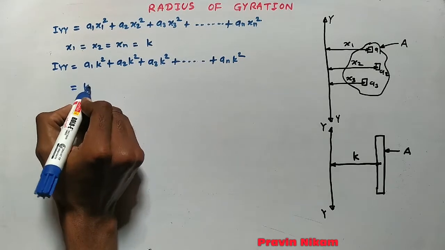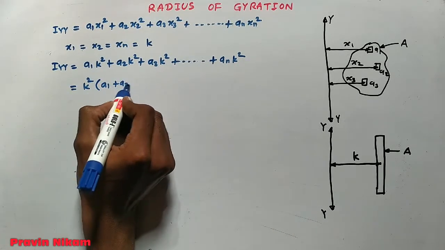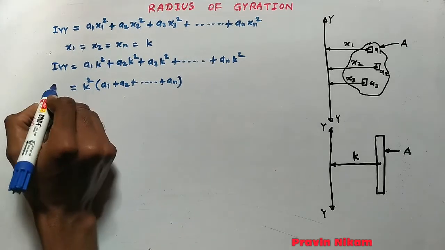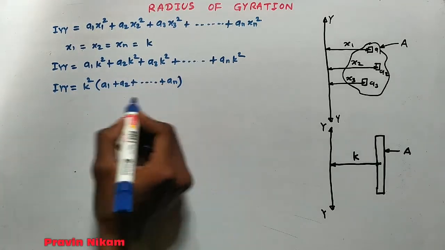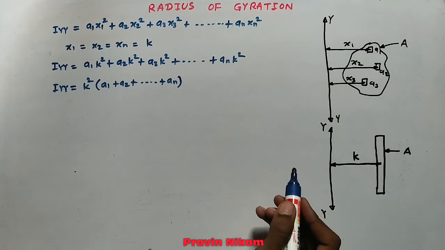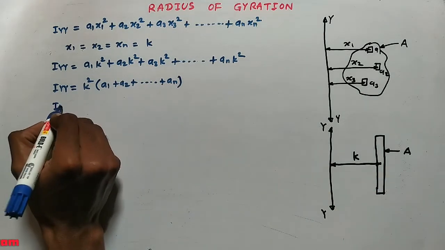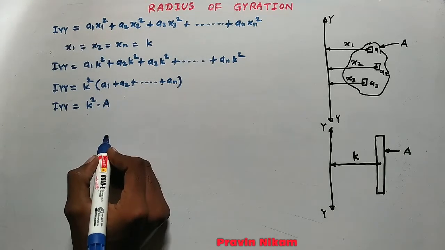Here k squared is common, so a1 plus a2 plus an, that is the total area of the section, A. So Iyy is equal to k squared into A.